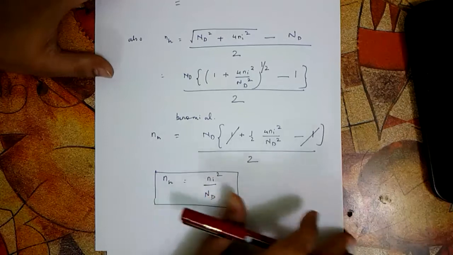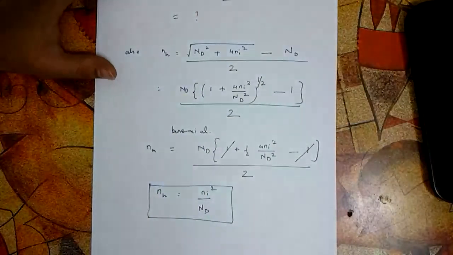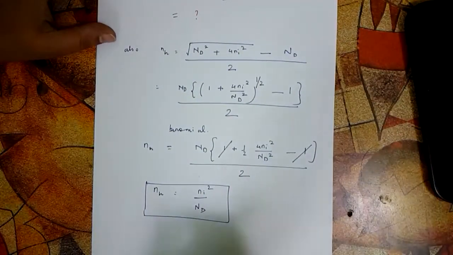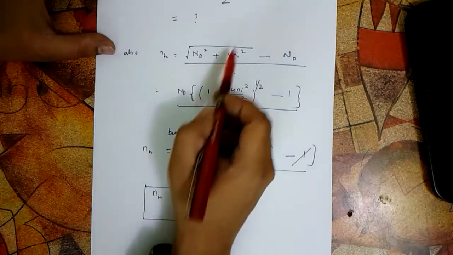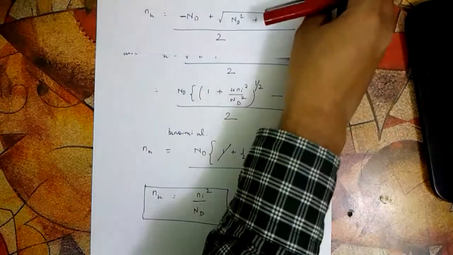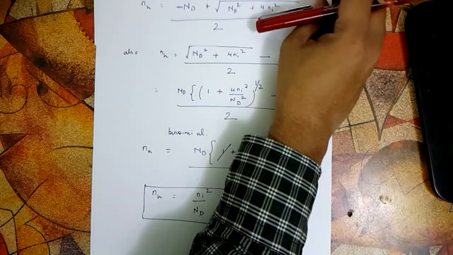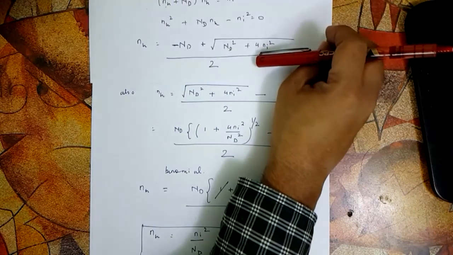So if we substitute the value of Nd, we will get this. So how much is this? This will again come out to be what we just now calculated using the approximation. Another way of doing the same approximation is this. So if you remember the quadratic, so this is a quadratic equation.